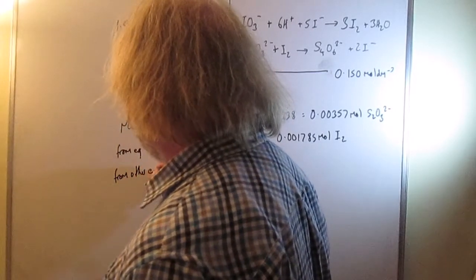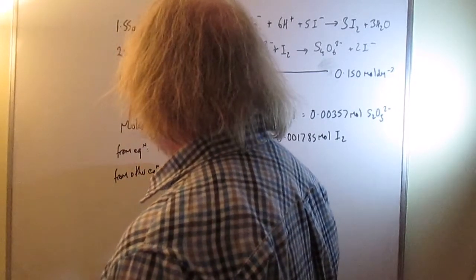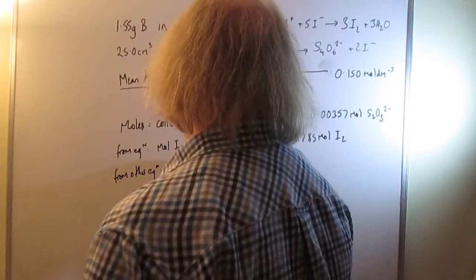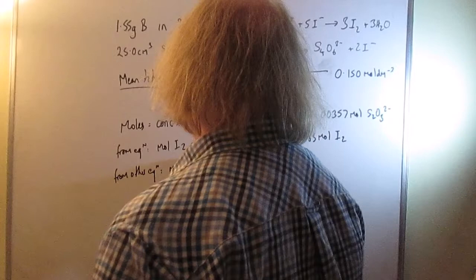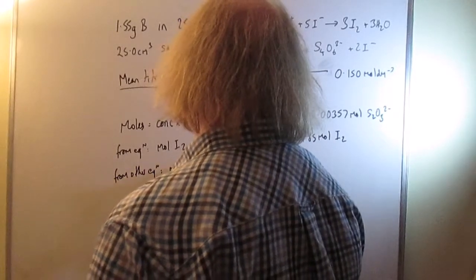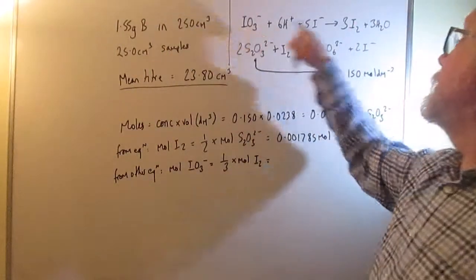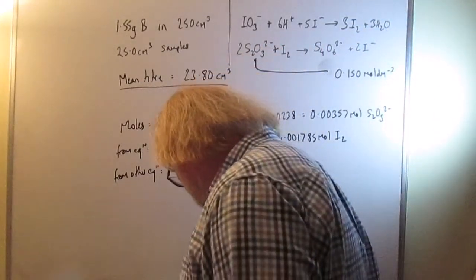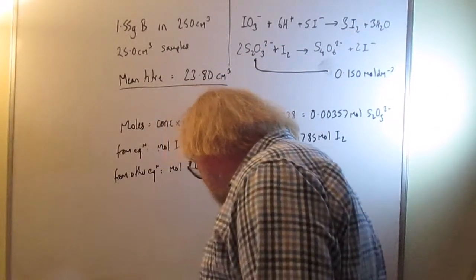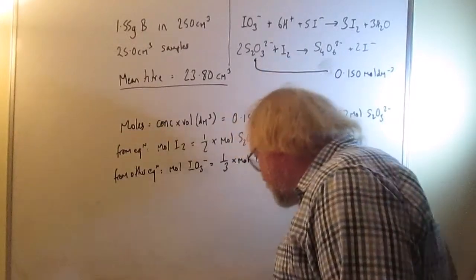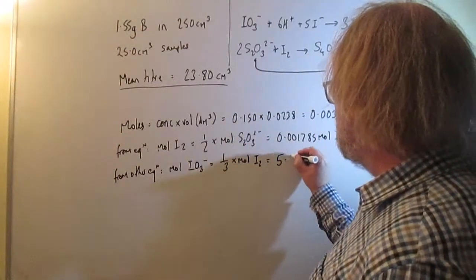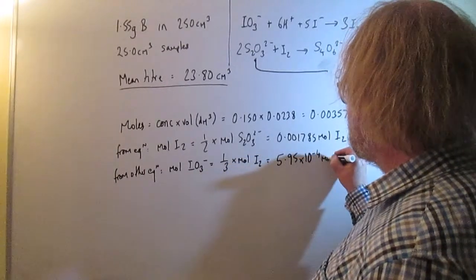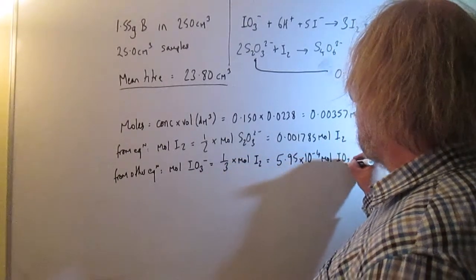Okay, so from the other equation, moles of IO3- is equal to 1/3 of the moles of iodine. Okay, because 1 IO3- goes to 3 I2, so we can divide that number by 3, and we get 5.95 times 10 to the minus 4 moles of IO3-.